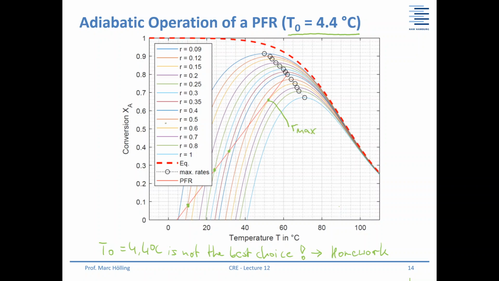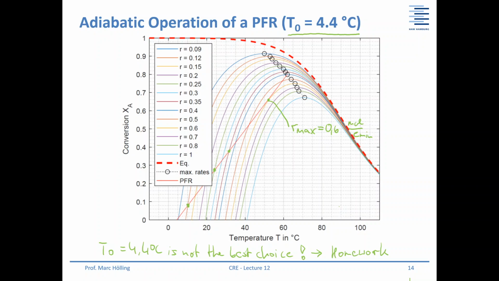The maximum reaction rate is 0.4 moles per liter minute. So this is here, and then you can see, okay, my reaction rate again is decreasing, and then at the outlet of my reactor I will have a conversion of 80% and a reaction rate of, what is it, blue one, it's again 0.4.